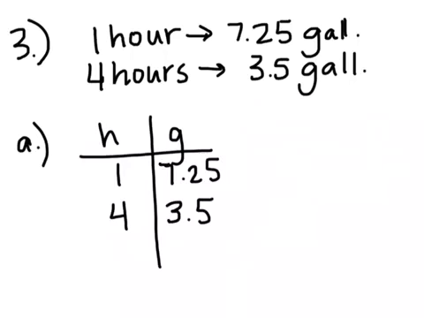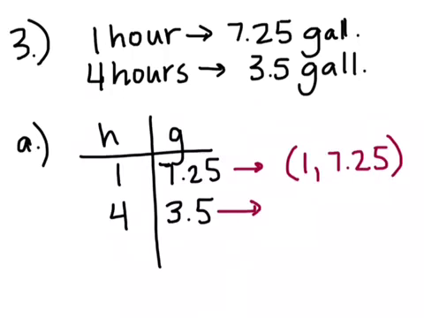And then we can make points out of this. Our points would be (1, 7.25) and (4, 3.5).